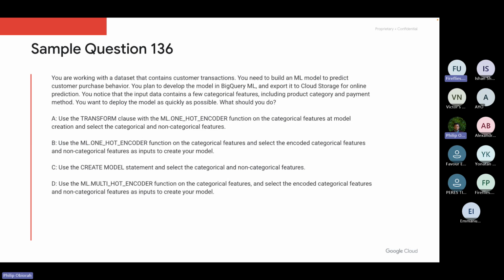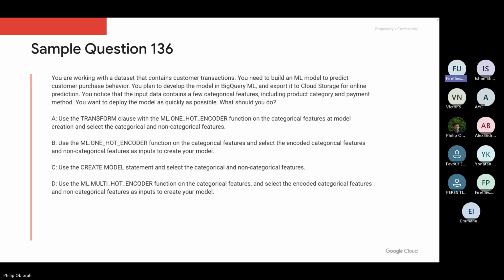But using the transform clause provides explicit control over pre-processing. That is why we have one that uses the transform clause.